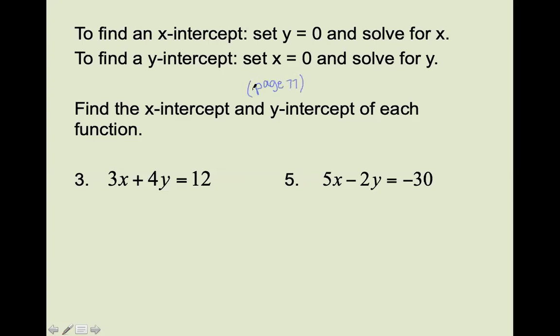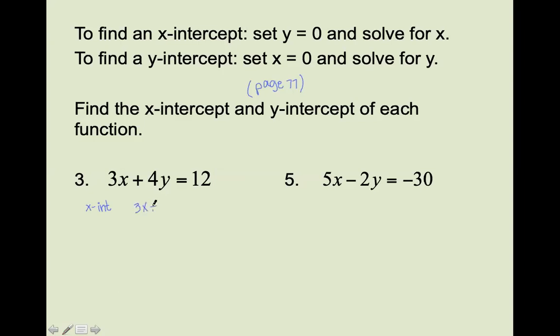All right, so on problems 3 and 4, it says, find the x-intercept and y-intercept of each function. So first of all, I want to find the x-intercept, and I'm going to abbreviate that as int. To find the x-intercept, I put 0 in for y and solve for x.